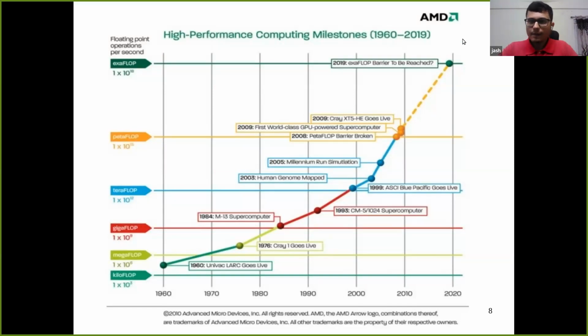Can anyone tell me the clock frequency of the CPUs we have nowadays? Usually around 2.4 gigahertz. Intel's latest generation has 5 to 5.9 gigahertz.